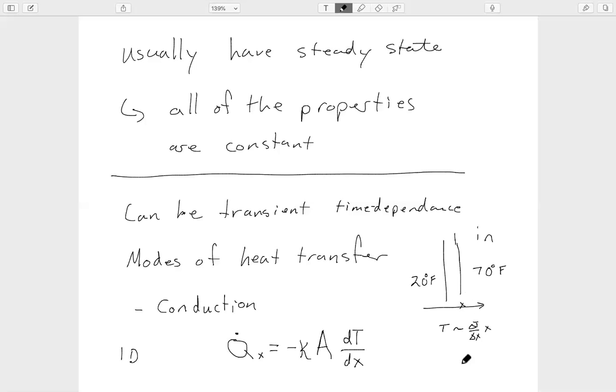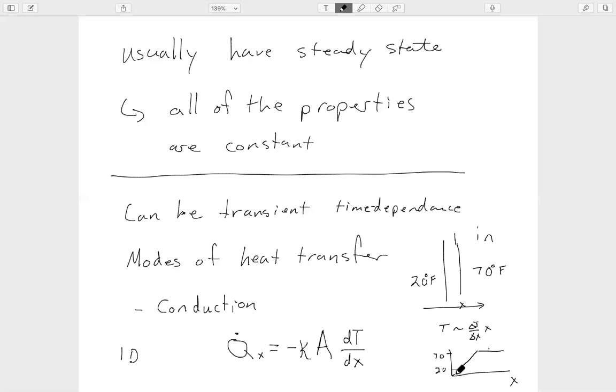So you get a graph for temperature as a function of position. It would be like 20, 20, 20, 20, 20. Oh, sorry, my stylus is getting wonky on me. And then it would linearly increase and then become a constant again. So this would be at 20, and this would be at 70.